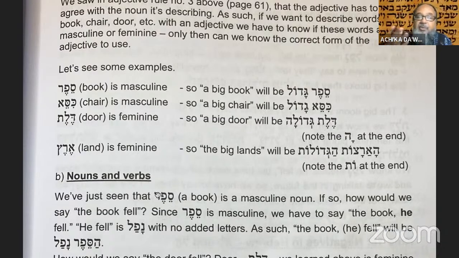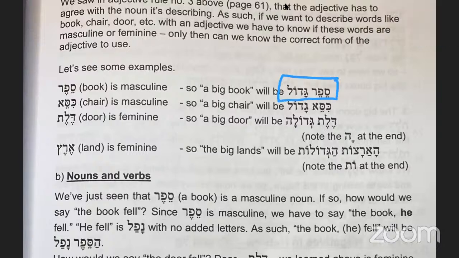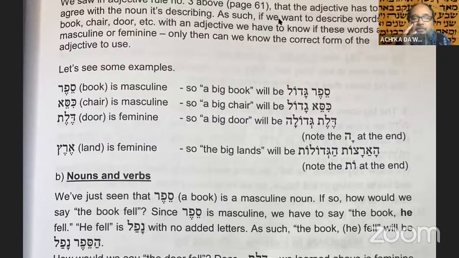So a big book would be what? How would you say that? That'd be gadol. Yep. Sefer gadol. Okay. How would you say a big chair? Kisse. So that right there is a hard K sound, right?